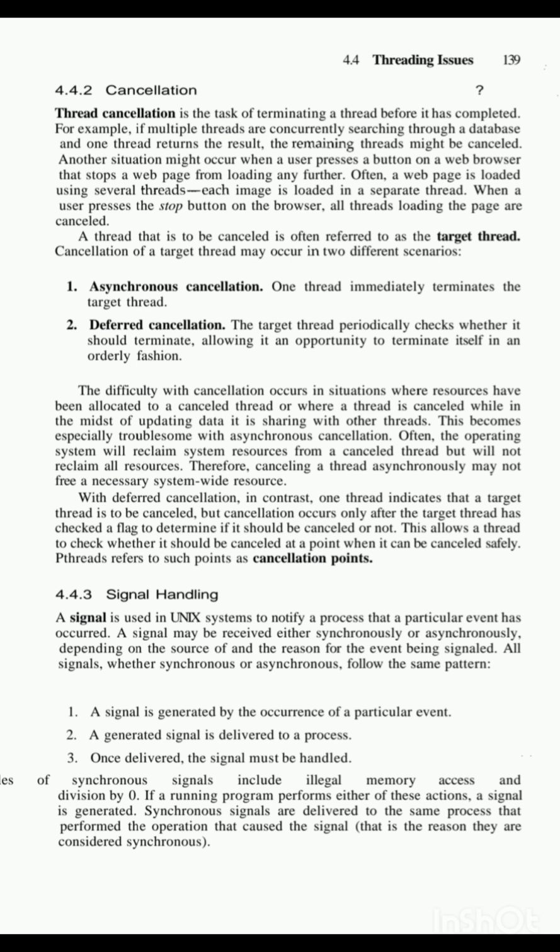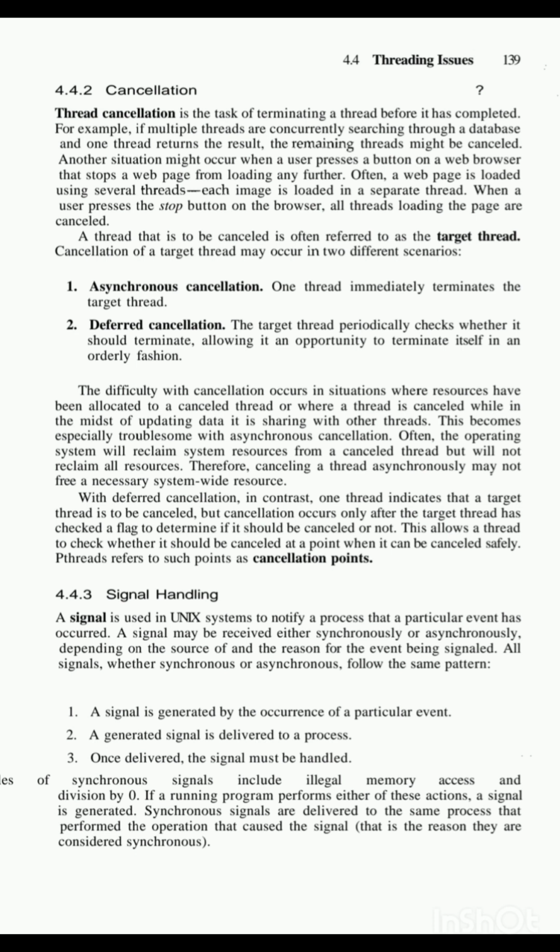Signal handling. A signal is used in UNIX systems to notify a process that a particular event has occurred. A signal may be received either synchronously or asynchronously, depending on the source of and the reason for the event being signaled. All signals, whether synchronous or asynchronous, follow the same pattern. Number one, a signal is generated by the occurrence of a particular event. Number two, the generated signal is delivered to a process.